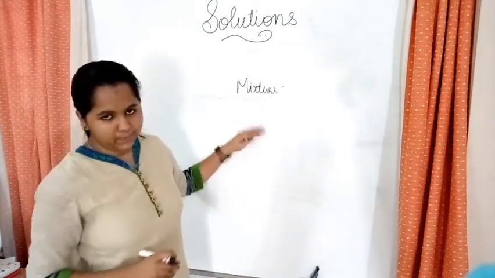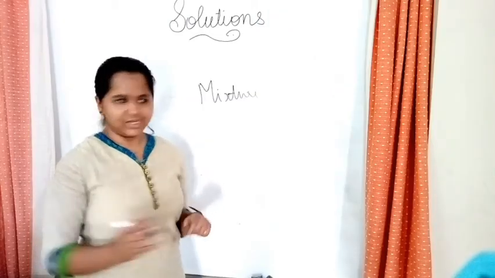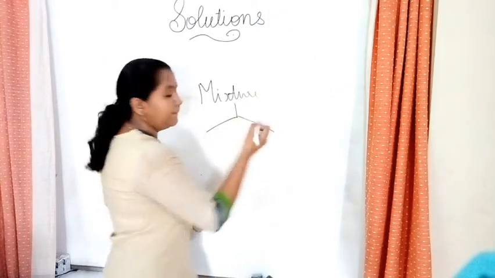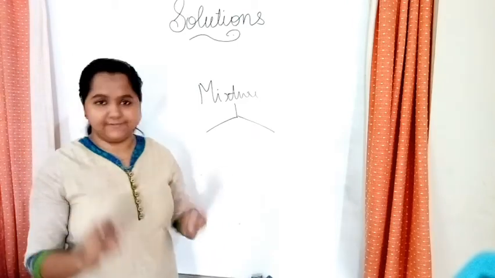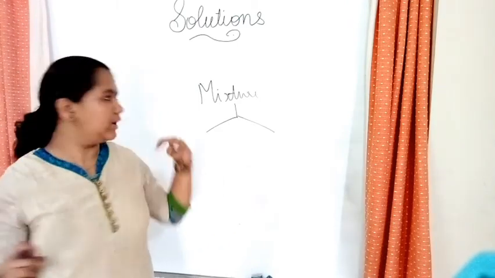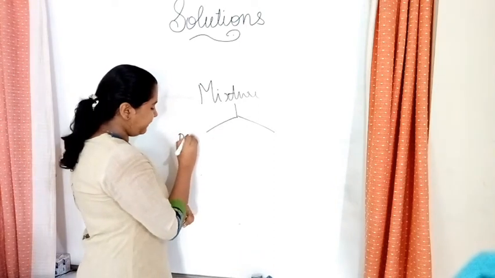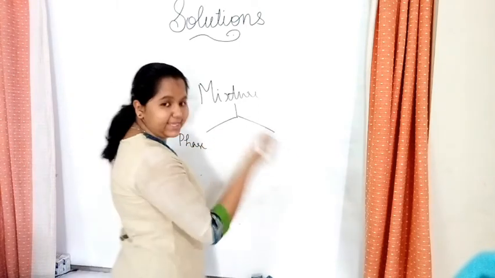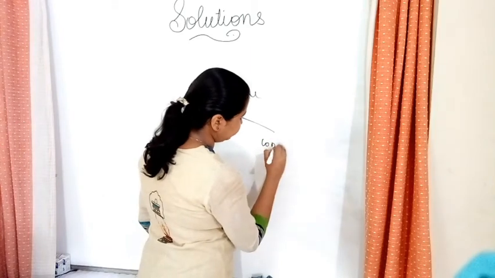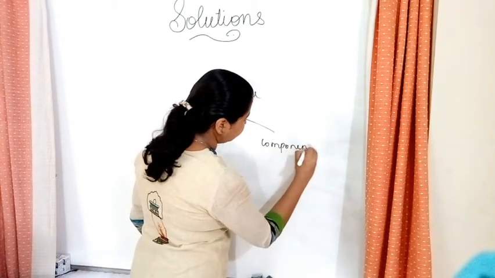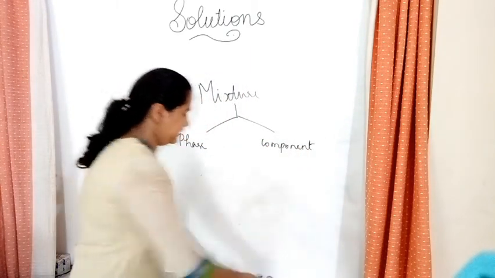Okay, that is what a mixture is. Mixtures are classified in two ways, based on what? The first one is phase. The second one is component. So let's see what it is.